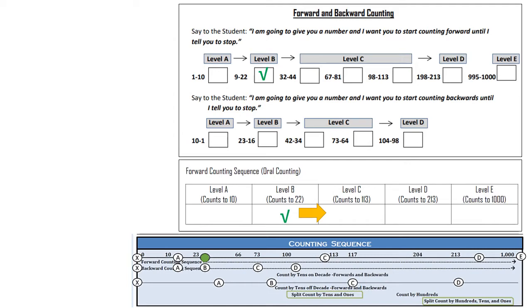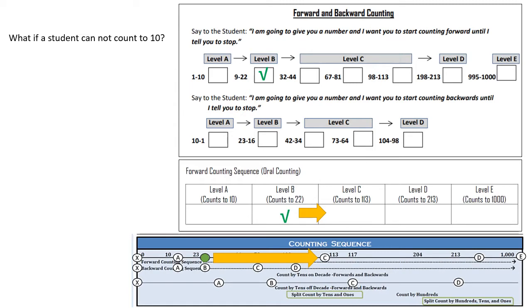So our range is growing on what we're going to work on. If you take a look at the framework right here, you wouldn't draw this on there, but it's just showing that if they're testing at level B and have mastery of it, we've documented that our instruction is going to begin at level C. But what if a student cannot count to 10?